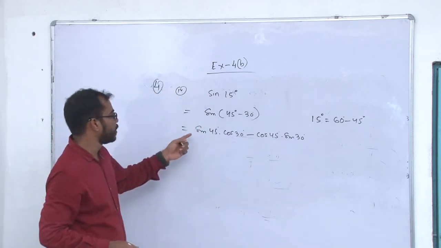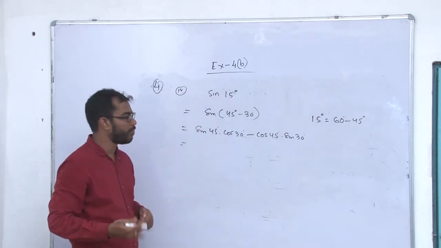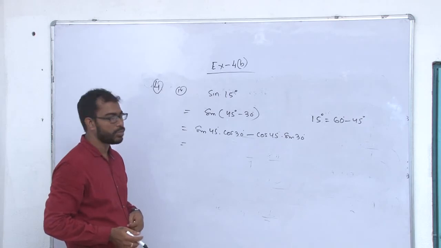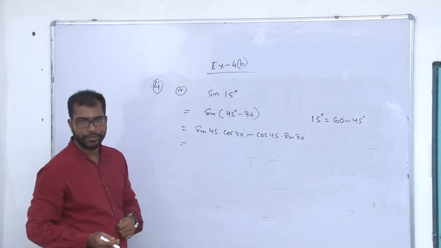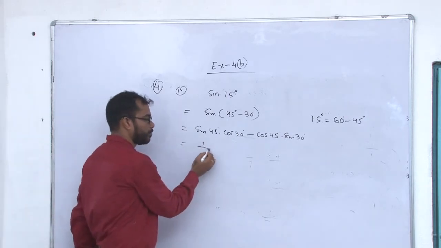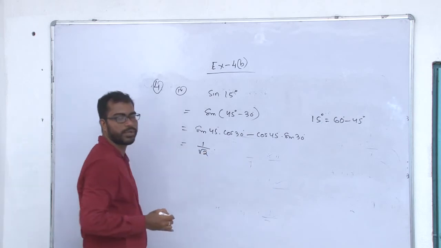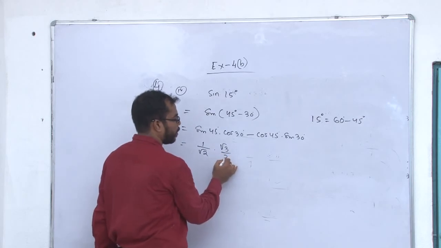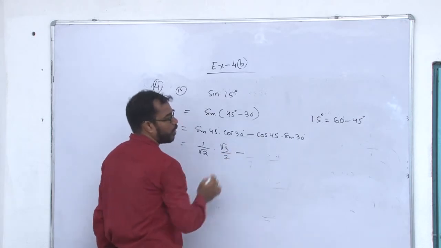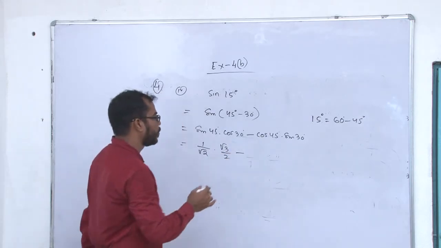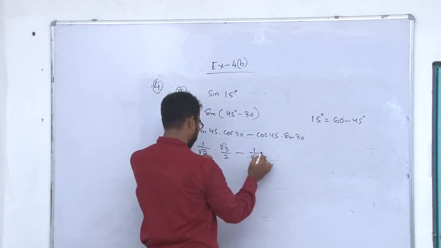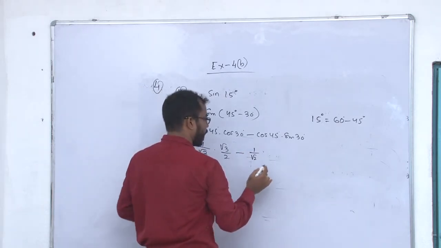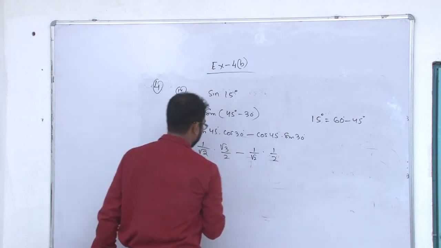So we can put in the numerical values of these ratios. As you know, the value of sin 45 degree is 1 by root 2 in the standard angle tables, into cos 30, which is root 3 by 2, minus cos 45, which is 1 by root 2, into the value of sin 30, which is 1 by 2.